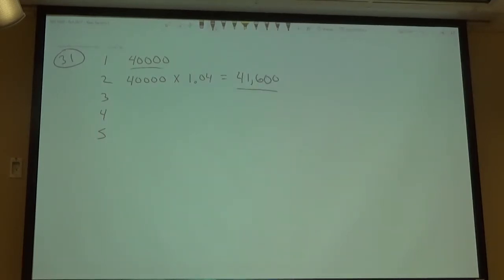Everybody kosher with that? Yes? Okay, you're going to follow that same procedure, except now you're starting with the 41,600, and it's escalating by the 4%. If you left it in your calculator, you don't have to clear everything out and start all over. You can just continue.